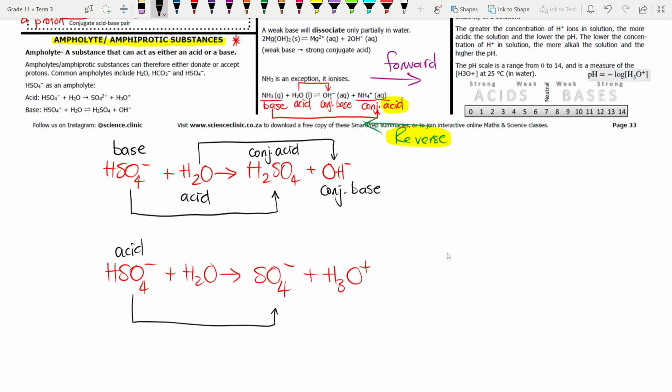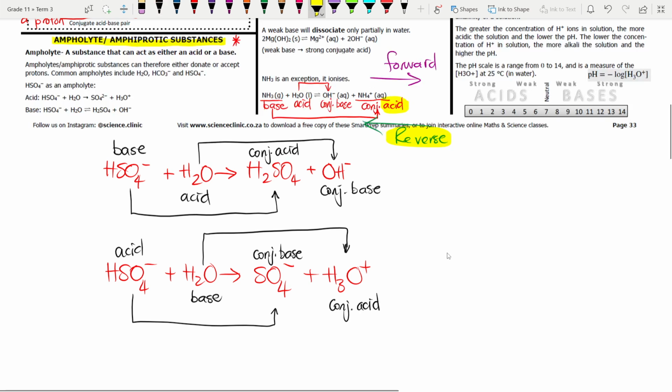And this other thing that it becomes is a conjugate base. And H2SO4 will accept that proton, so it is a base. And the thing that it becomes is a conjugate acid.